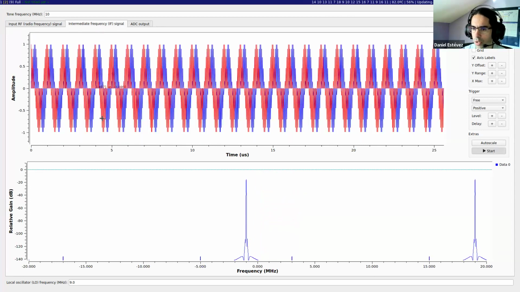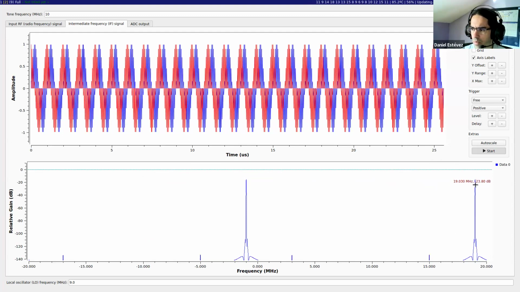So when we multiply the cosine function by this 9 megahertz complex exponential, we get those two complex exponentials shifted up by 9 megahertz. So the minus 10 complex exponential goes to -1, and the plus 10 goes to plus 19.